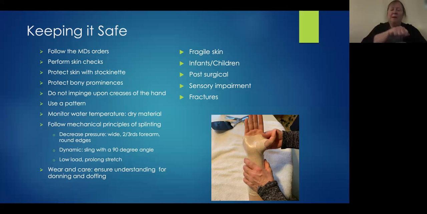We don't want a real strong tension on that joint. We want a low load so that they can tolerate a prolonged stretch. If you make it too tight, with too much tension on that elastic band, they're not going to be able to tolerate the splint, or the orthosis, for long. So you want a low load with a prolonged stretch.